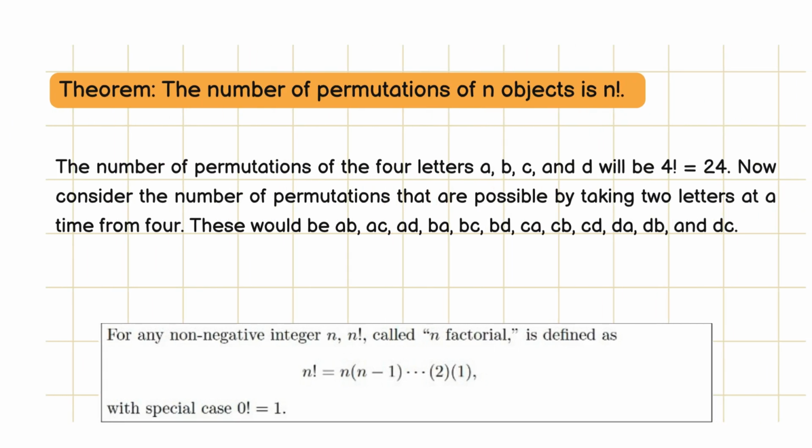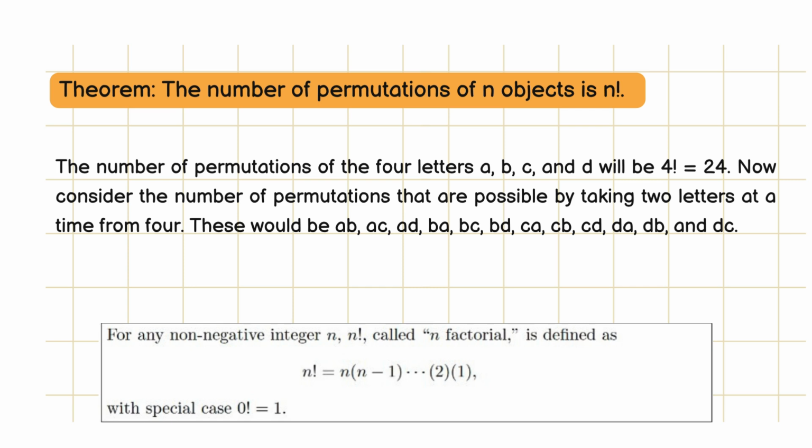Here we have a theorem, and the theorem states that the number of permutations of n objects is n factorial. So when we have 4 letters A, B, C, and D, the number of permutations of the 4 letters A, B, C, and D will be 4 factorial, that is 24.